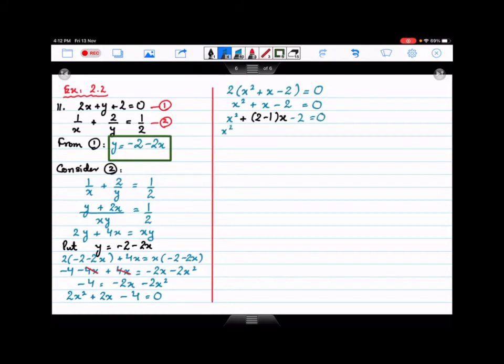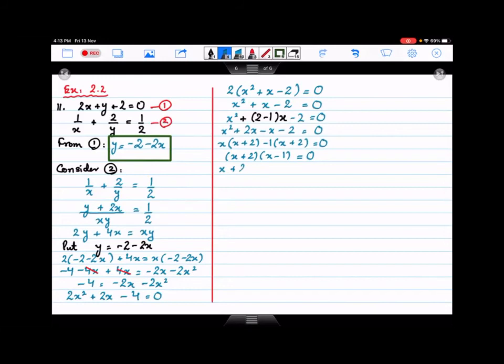So after multiplying it, it should become 2x² and it should become minus x minus 2 equals to 0. So now taking x common, it will become x plus 2. And now taking minus 1 common, it should become x plus 2. So now taking x plus 2 common again, it should become x minus 1. So now we have two values that is giving 0.